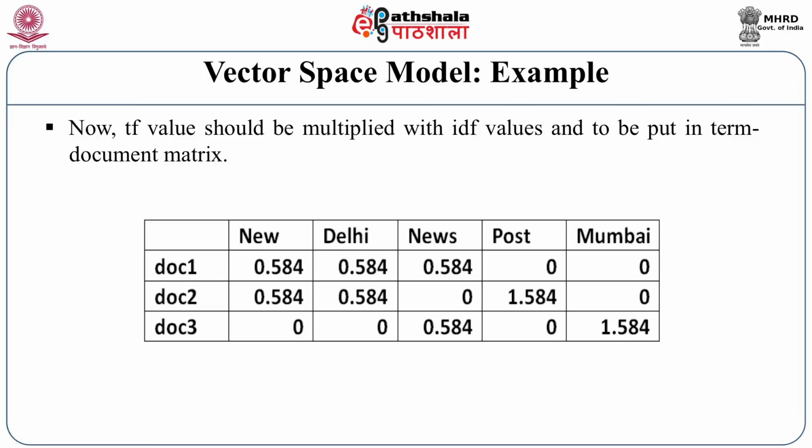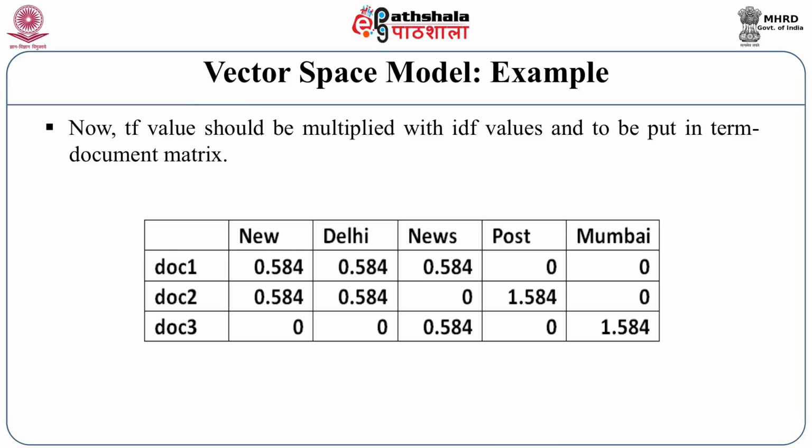Now after creating the matrix, I am multiplying each cell value with the inverse document frequency value. After multiplying these two, it becomes like this. That is, document 1 for the term new is 0.584.